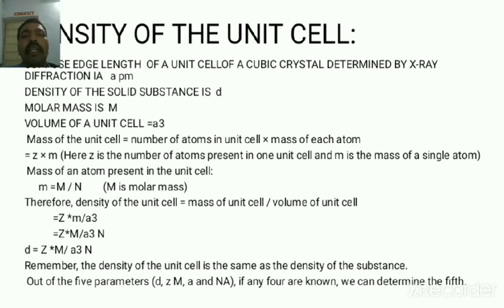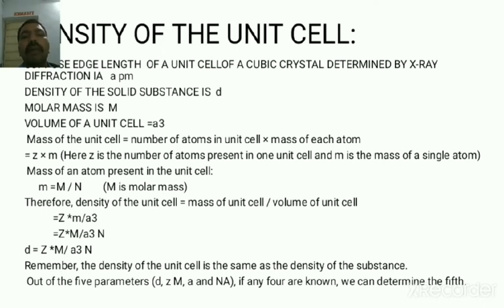The number of atoms in the unit cell is denoted by Z, and small m is the mass of each atom. Z is equal to 1 for simple cubic or primitive arrangement, and Z is equal to 2 for BCC, body center cubic arrangement. Z is equal to 4 for FCC, face center cubic arrangement.